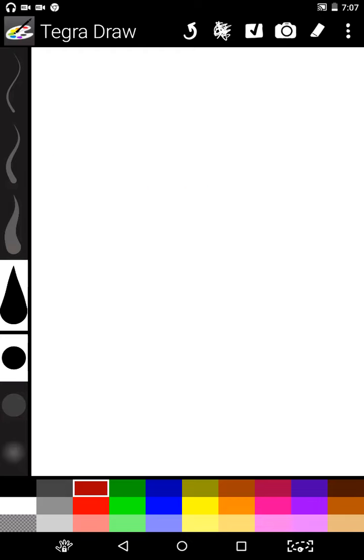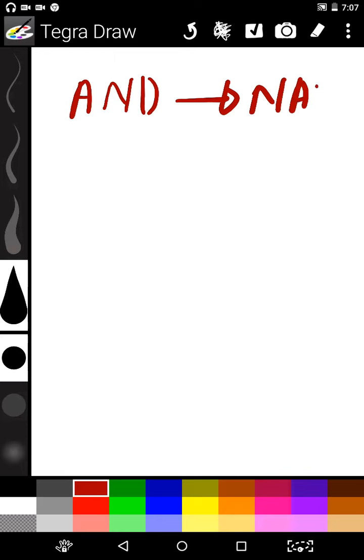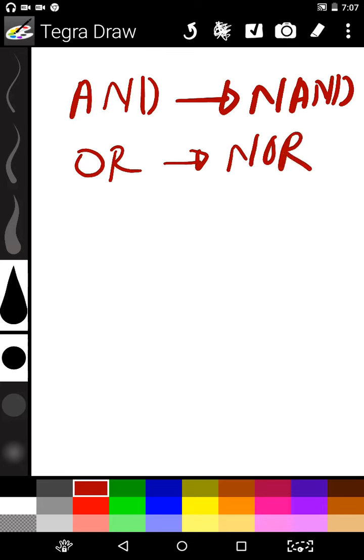Now some important expressions for the complement. The complement of AND is NAND gate. Complement of OR gate is NOR gate.